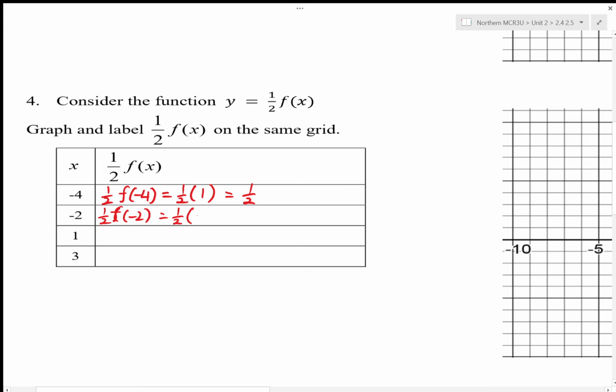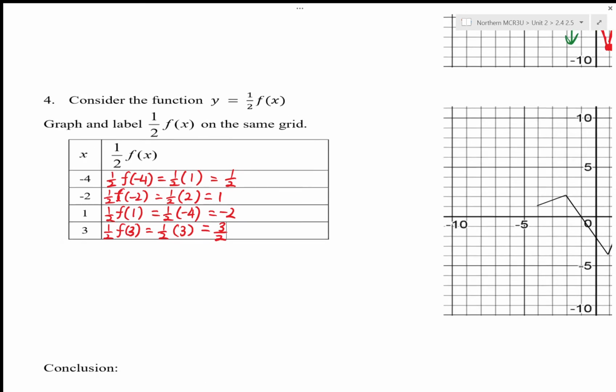Then 1/2 times f(1) is 1/2 times negative 4, which is negative 2. The last thing is 1/2 times f(3). f(3) was, I believe, 3, right? So 1/2 times 3 is 3/2.